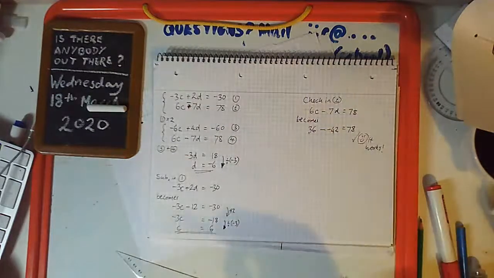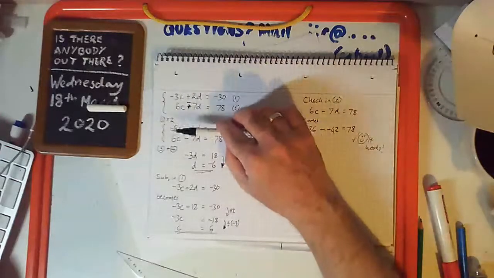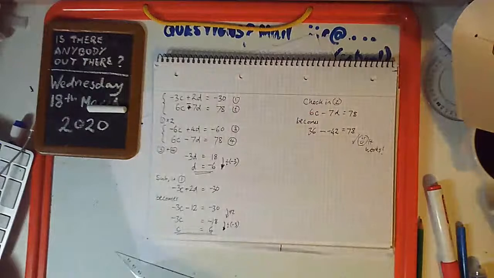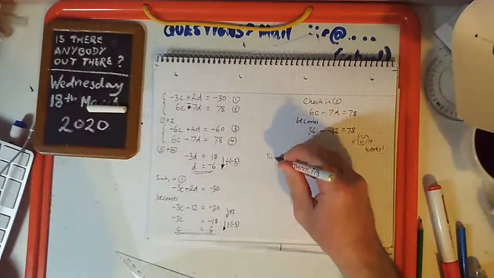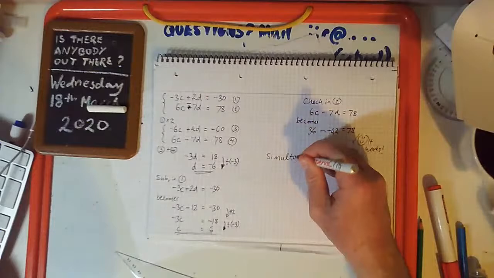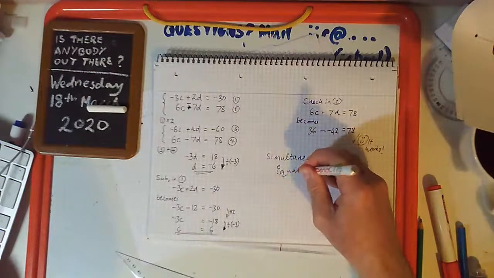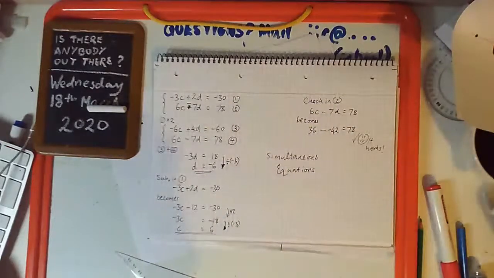But in another question, it might be easier to make them both exactly the same, and then you'd be subtracting to eliminate the things. I suggest you dig in my YouTube channel and have a look for simultaneous equations, because there is certainly at least one good video in there with lots of examples.